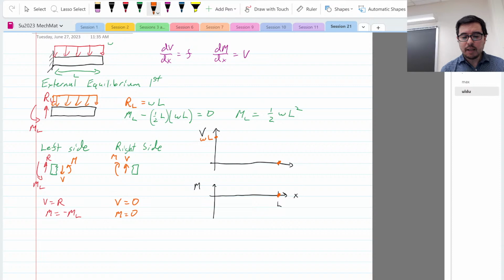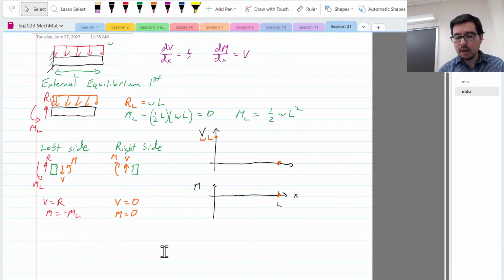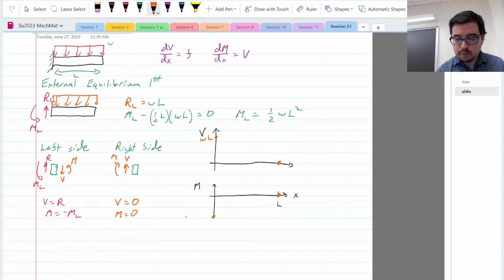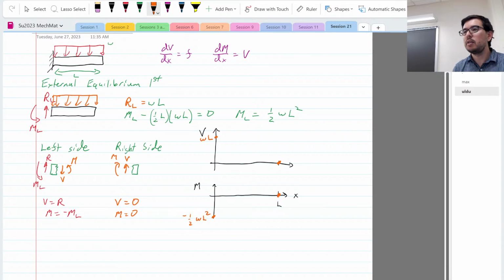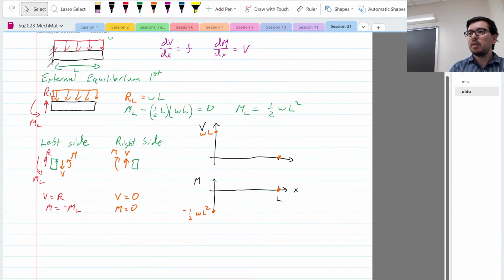And here we have minus ML, so we're down at minus 1/2 WL squared. So the question is, how do we get from these 2 points? And that's where we have to use these equations.